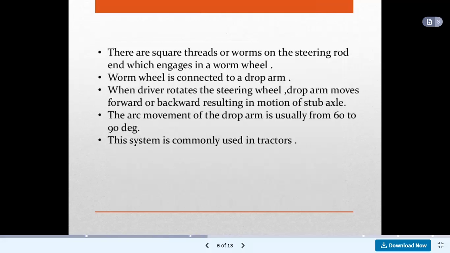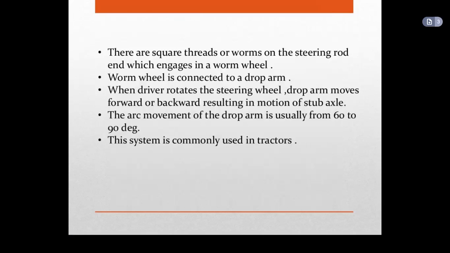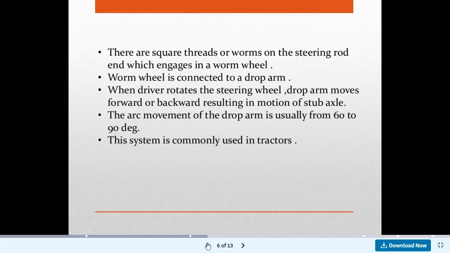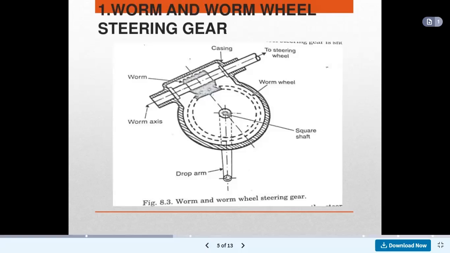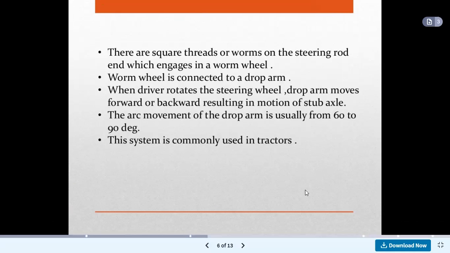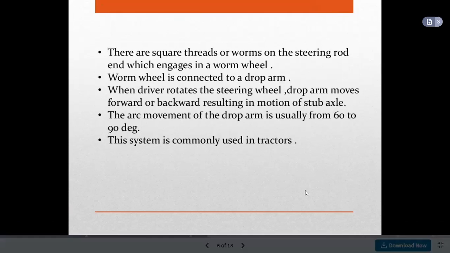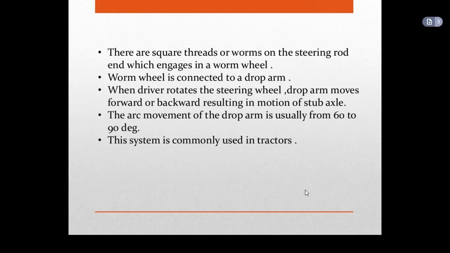There are square threads or worms on the steering rod end, which engage in a worm wheel. The worm wheel is connected to a drop arm. See this diagram, the drop arm is provided here. When the driver rotates the steering wheel, the drop arm moves forward or backward, resulting in motion of the stub axle.